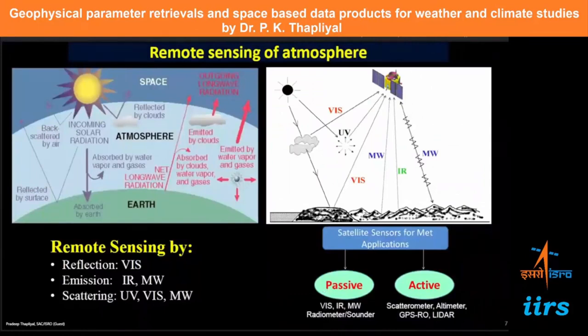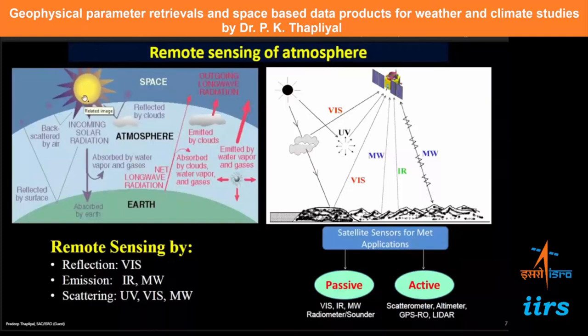Now a brief about remote sensing of the atmosphere, how we get these different parameters which are important for weather and climate studies. You see here first how energy is distributed into our Earth and atmospheric system, and how the radiation travels. The primary source of radiation is the sun.